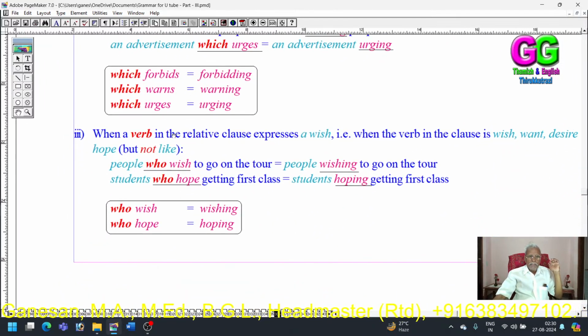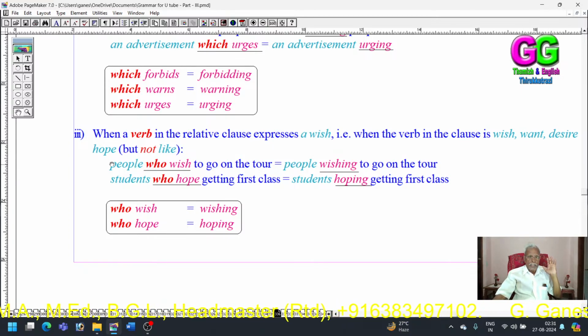Thirdly, when a verb in the relative clause expresses a wish, that is, when the verb used in the relative clause expresses a wish, the verbs wish, want, desire, hope, etc., but not like.